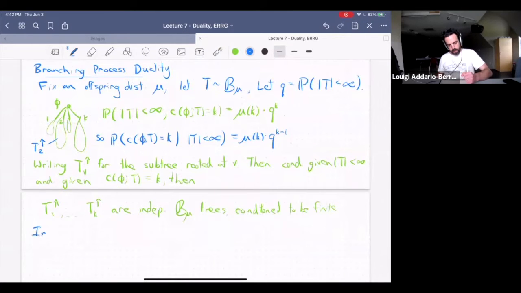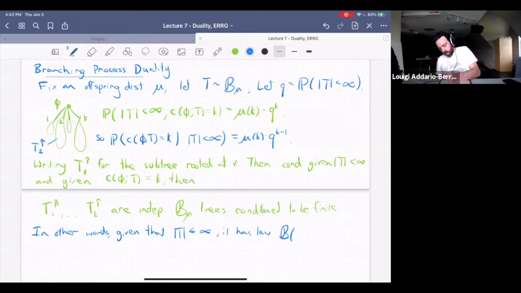So in other words, given that it's finite, it is, let me call it mu hat, a BGW mu hat tree. And this mu hat is the distribution that's just given here. So mu hat of k is mu of k times q to the k minus 1.